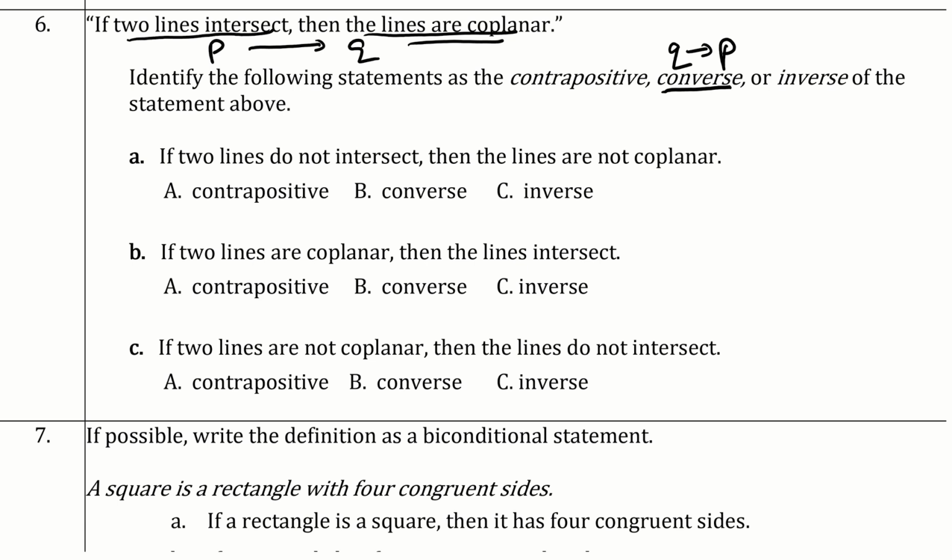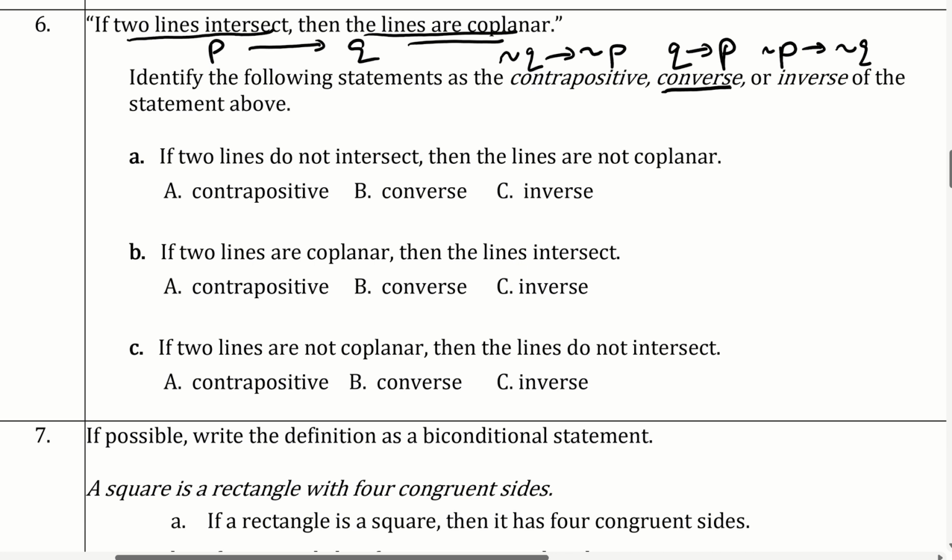So that's P goes to Q, and so the converse is you switch those. The inverse is when you negate them, so not P goes to not Q. And then the contrapositive is when you do both. So it's going to be not Q implies not P. So you switch them and you negate.